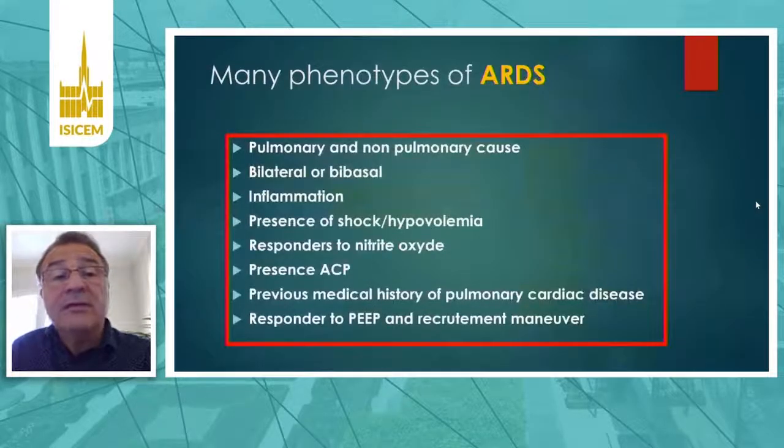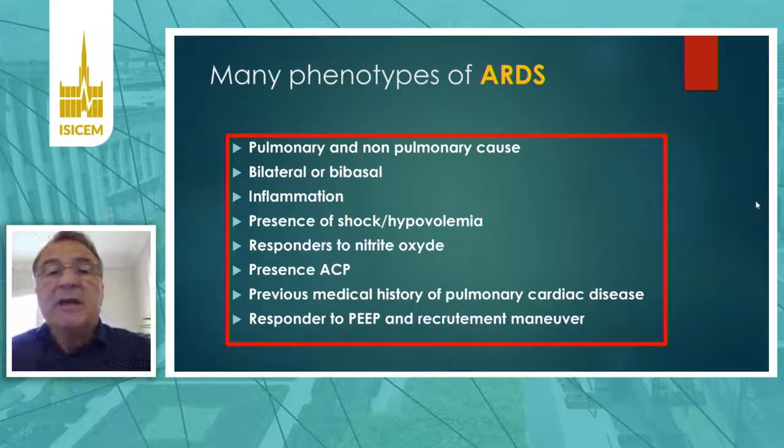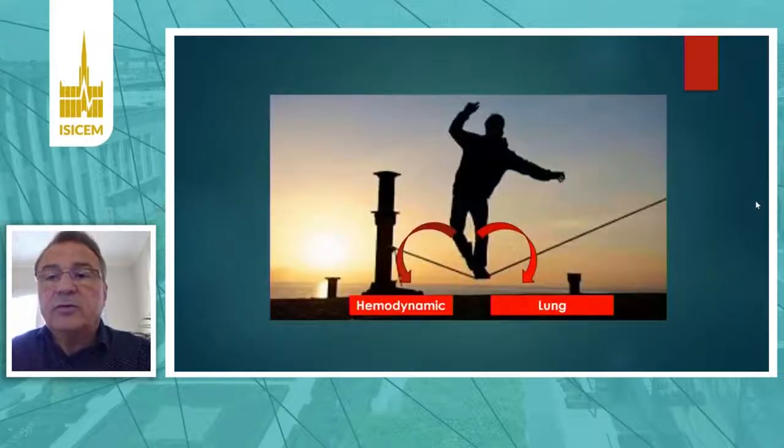But you know that there are many phenotypes of ARDS, and the hemodynamic impairment will change in these phenotypes, depending on whether you have a pulmonary or non-pulmonary cause for this ARDS, whether you have inflammation, or the presence of an acute cardiomyopathy. And so you have to keep in mind that the phenotypes may modify the hemodynamics related to the ARDS.